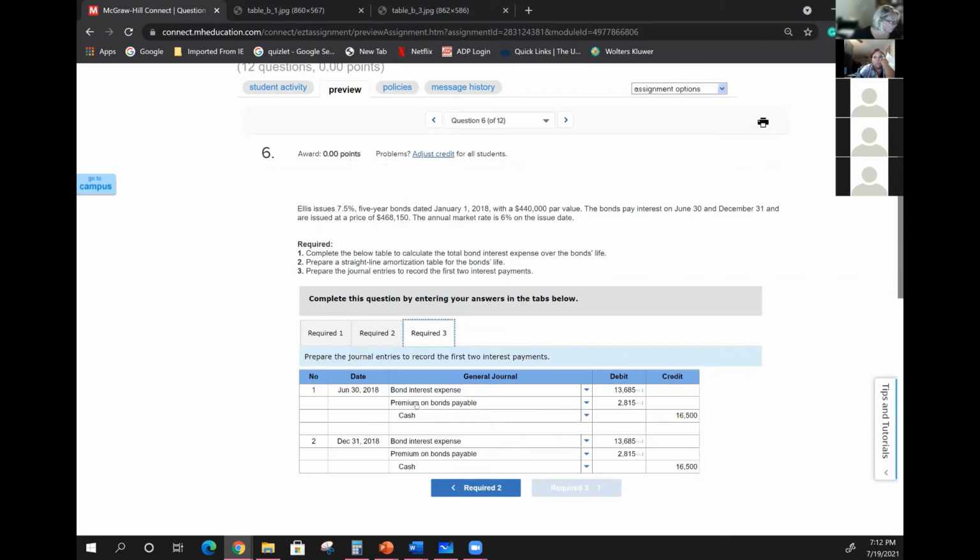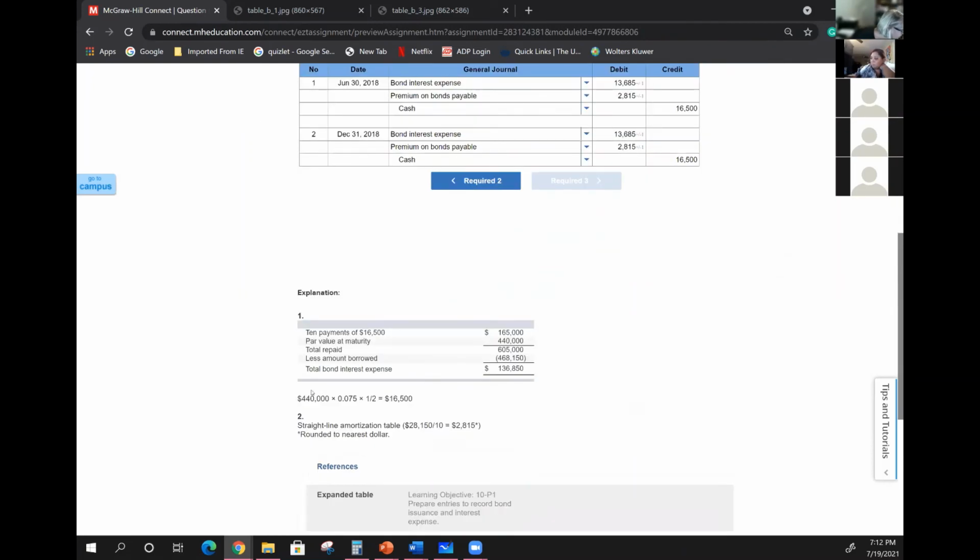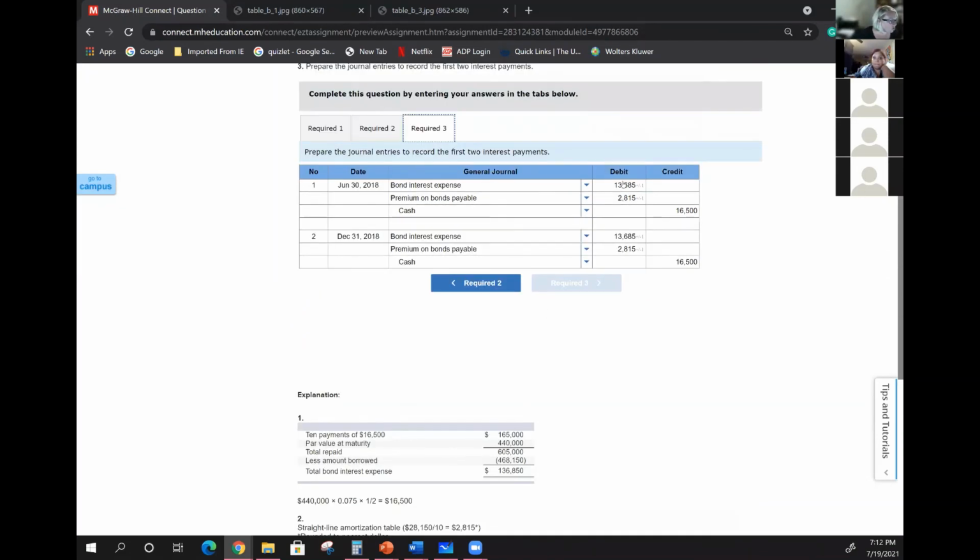So here's what your entry is going to look like. Your bond interest expense, it's just netting it. Let's see where the calculations are. 440,000 times 0.075, so 16.5 is the amount that you're paying out each payment. And if you notice, your expense isn't 16.5. It's less, so it's netting it out.